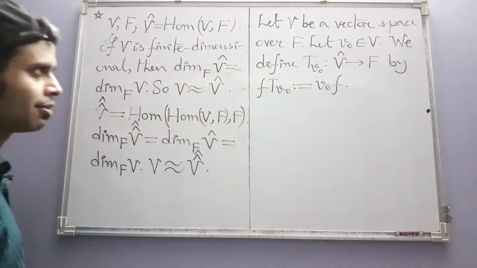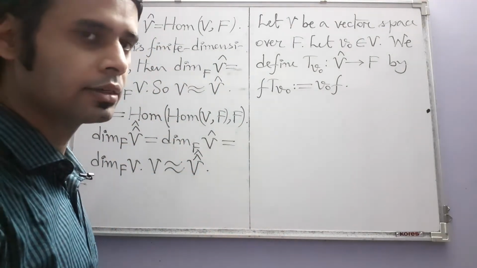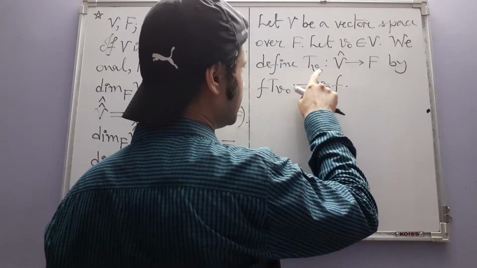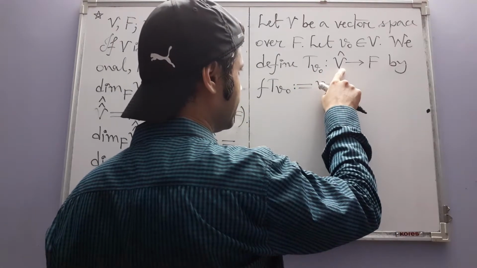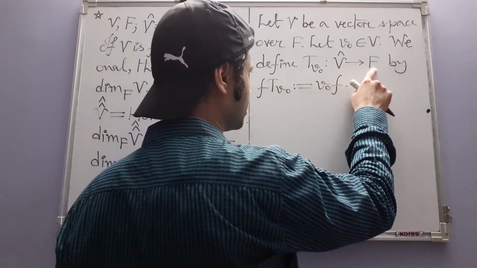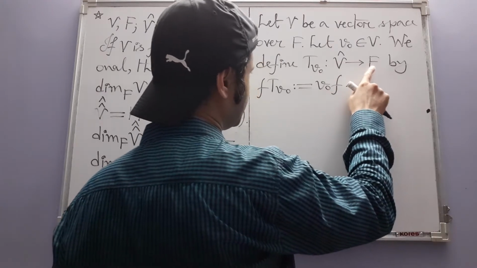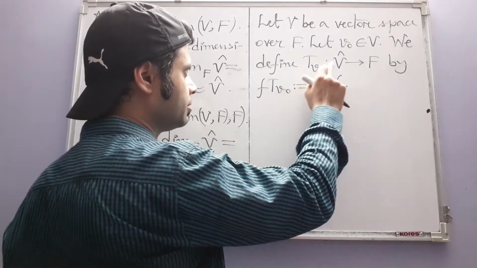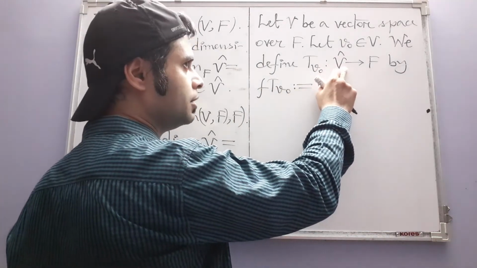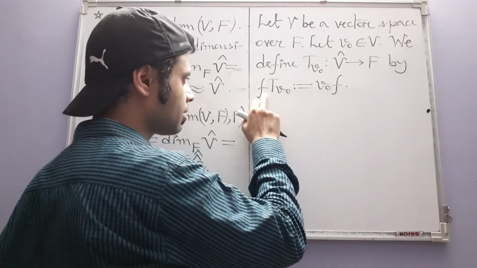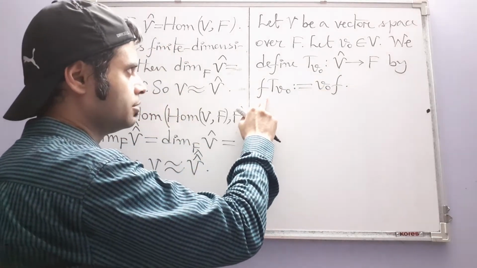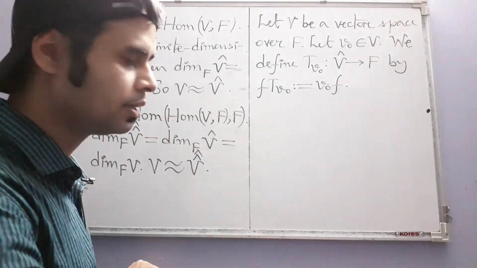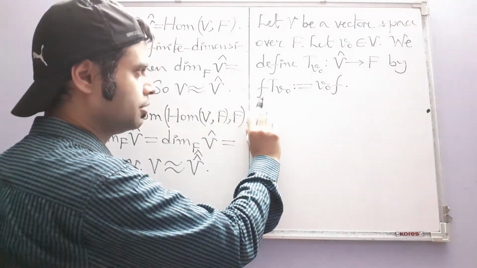Now we need to understand what we have done here. We are defining a function from V hat, the dual space of V, into the underlying field F. That means the inputs of this function are linear functionals in V over F. That means they themselves are functions from V into F. This f is one such input.